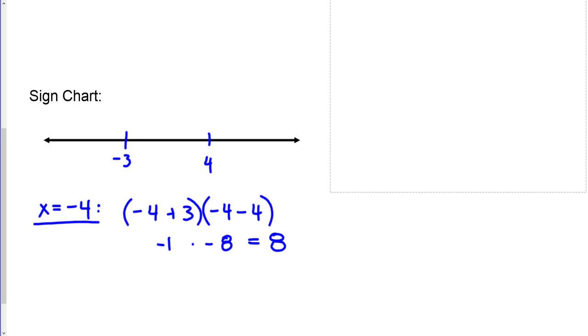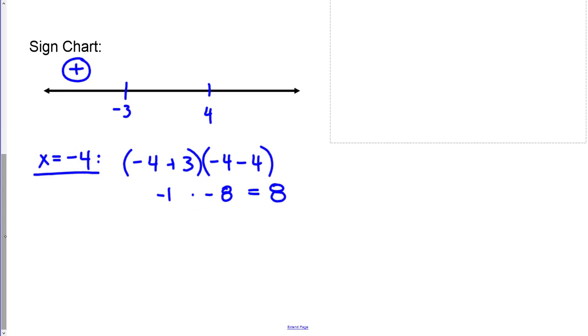But we're not so interested in what the value of the number is, just what the sign of the number is. Because if one number on this interval is positive, then all numbers in that interval are positive. Next, I'll choose 0.